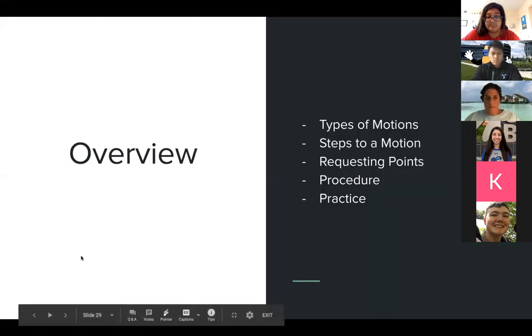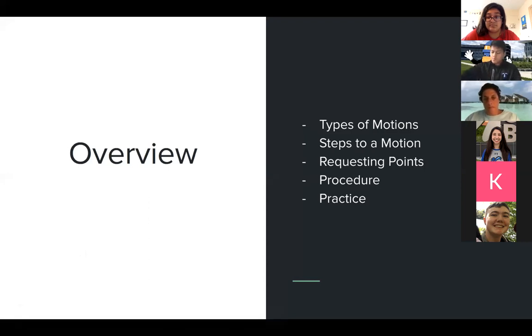So, an overview of Robert's Rules. Today we'll be discussing the types of motions, the steps to a motion, requesting points, procedure, and practice. But before we begin, let me explain what Robert's Rules actually are. They're a set of rules that allow you to run a meeting smoothly and efficiently.